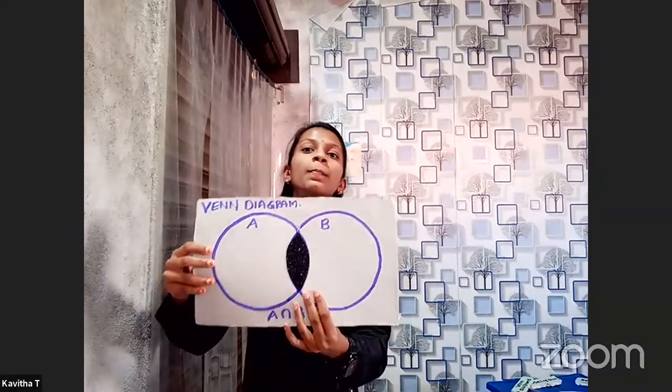Later we are doing an activity on types of sets. Now we are intersecting circles like this. I think you are clear about it.